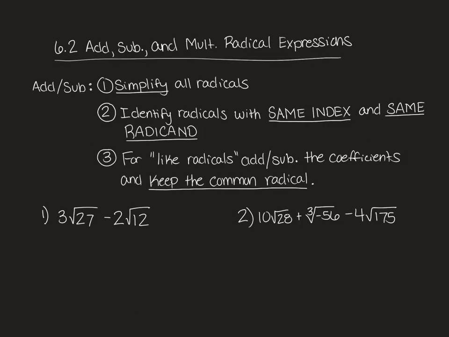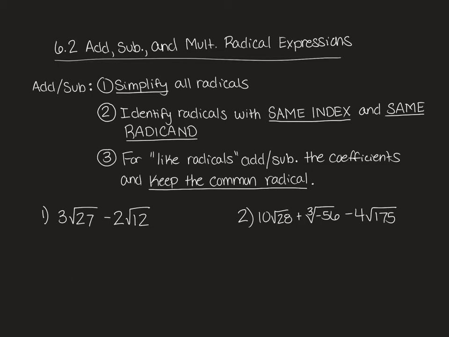First, you want to simplify all radicals, and then identify those like radicals, the ones with the same index and same radicand. Once you identify those, you will add and subtract the coefficients, but keep the common radical.